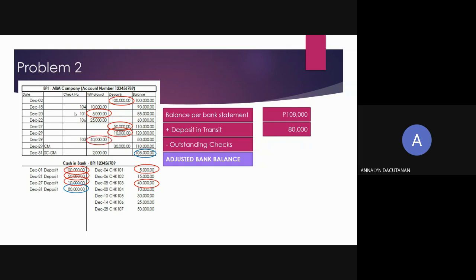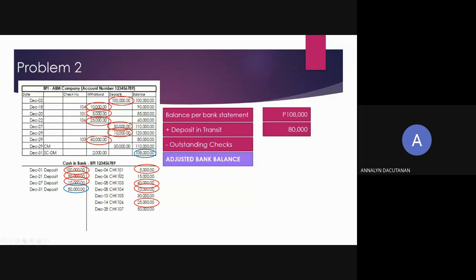Pumasok, yes. Next, check 104, meron ba? Oh, there. In-encash din. Next, check 106, 25K. Ayun, pumasok din. Ayan lang, ma'am, yung nakikita naming cheque eh. Wala na pong ibang cheque dyan.